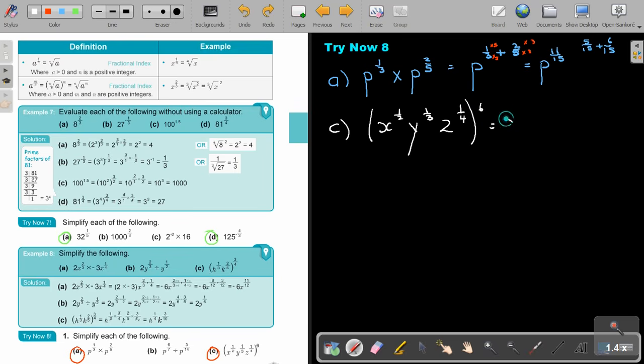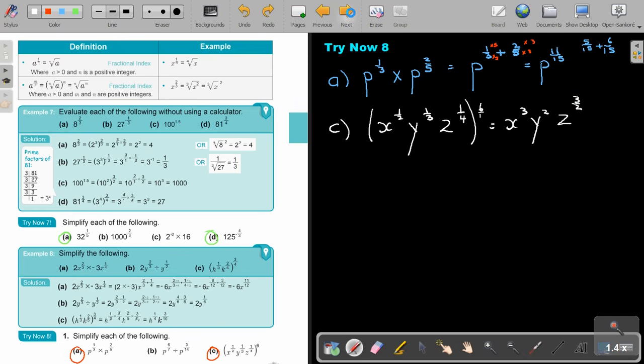Remember, this is actually like 6 over 1. So 6 divided by 2 will just be 3. For y, 6 divided by 3 is 2. And then for z, it's 6 over 4, which is just 3 over 2. And that's the final answer.